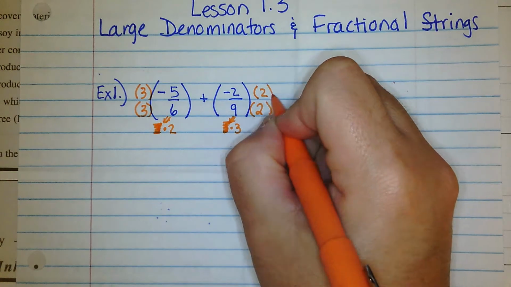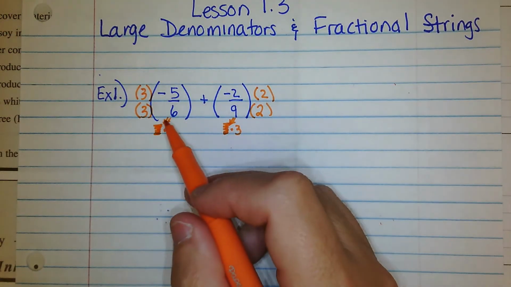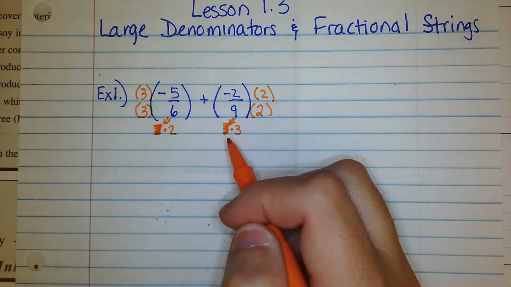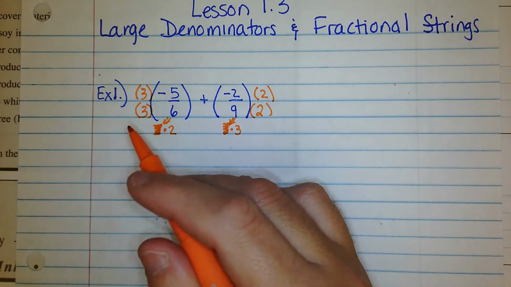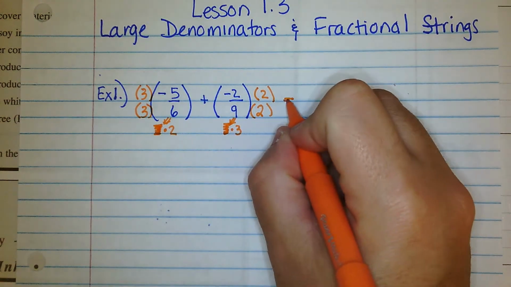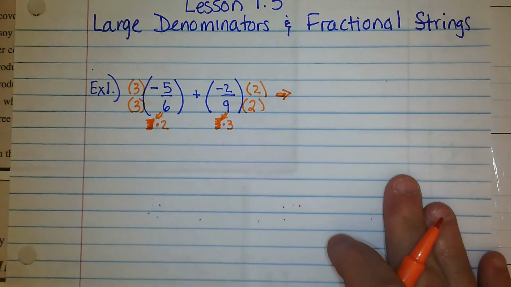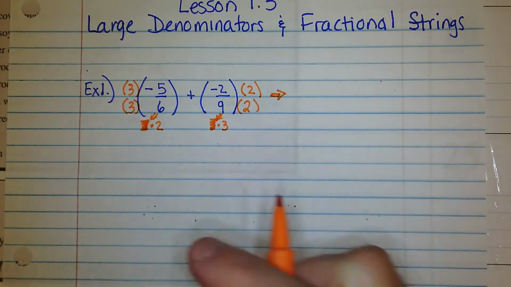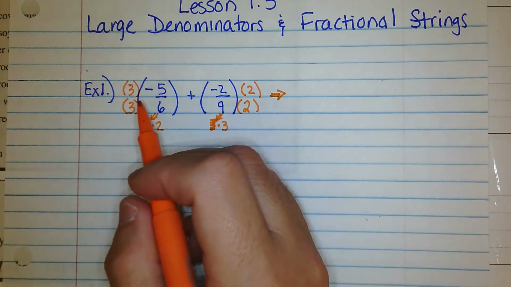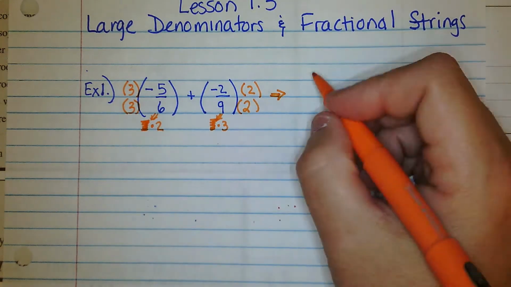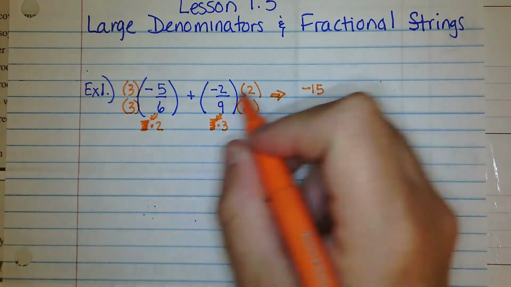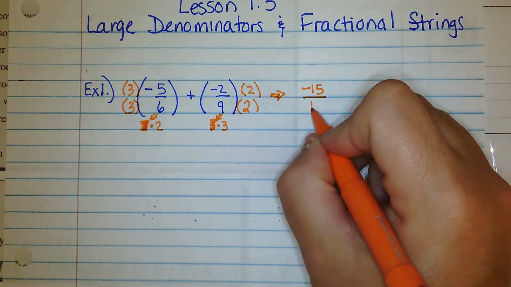Now check out what happens. If we in fact find a common factor and we cross it out and we swap the other numbers correctly, we should have, in step 2, common denominators. Step 2 is, remember, you need to remultiply and get your new fraction. 3 times negative 5 is negative 15, and 3 times 6 is 18.